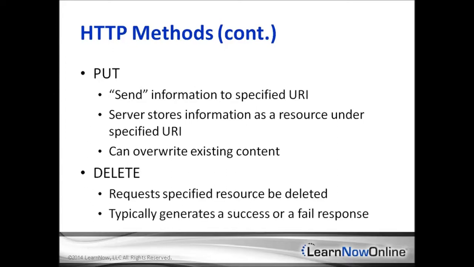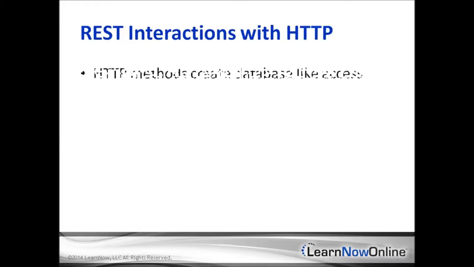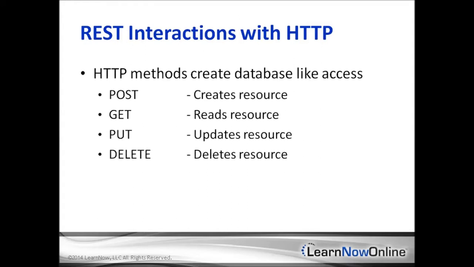Okay, and this will return a success or failure. Think of a SQL expression where the return is an integer based upon the rows that have been affected. So REST interactions with HTTP are like database access. They look like this: post, create; get, read; put, update; delete, remove or delete.